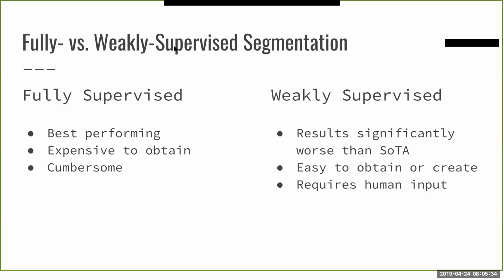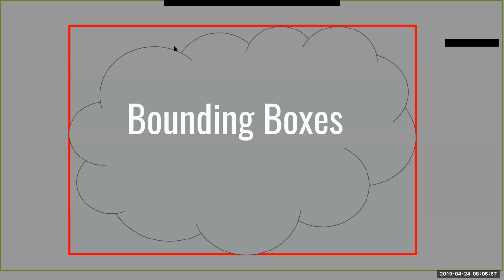Generally, the results are significantly worse than fully supervised methods. They are easier to obtain than full segmentation maps, but they're actually not super easy. Even having bounding boxes is a bit cumbersome.